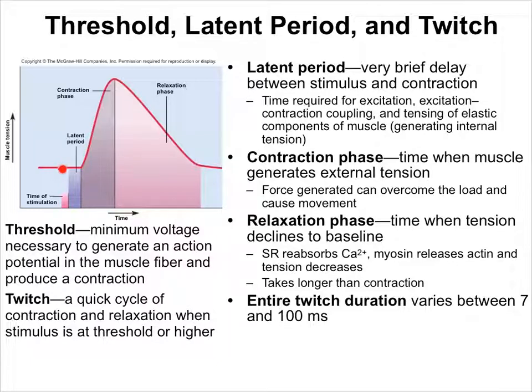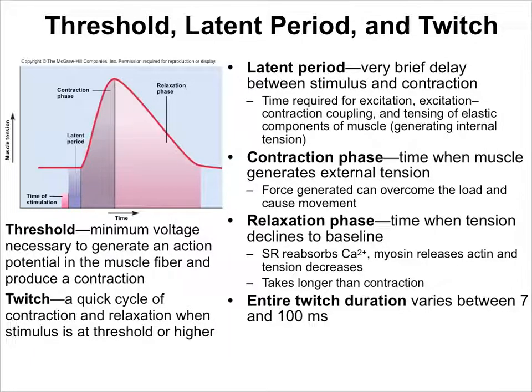Well, here is where that threshold is met. Note that the muscle does not begin to contract immediately. There is a short latent period. The latent period is the time between stimulus and contraction.